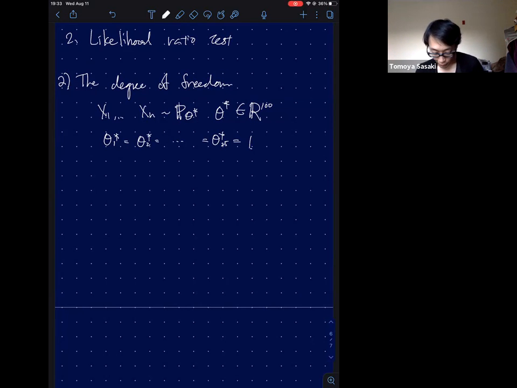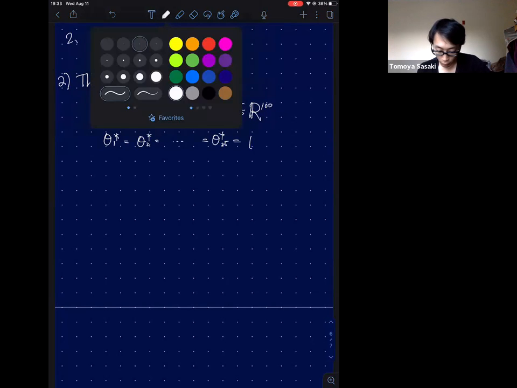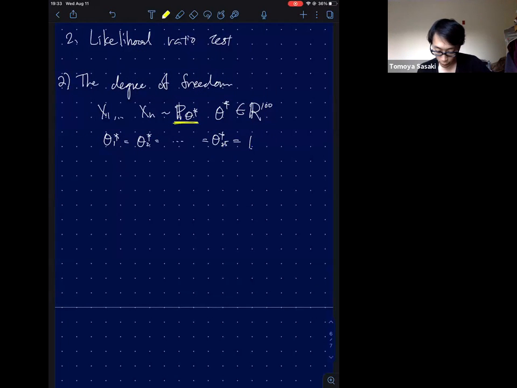We have a statistical model which has a distribution P of theta star, and theta star has 100 dimensions. And we're interested in testing whether 25 of those parameters, 25 elements of this parameter vector, are equal to 1 or not.